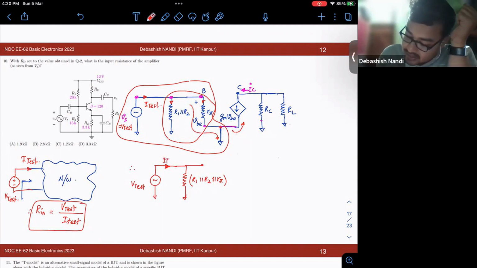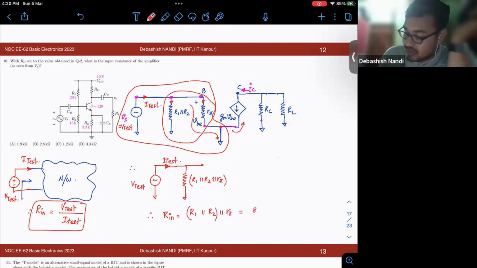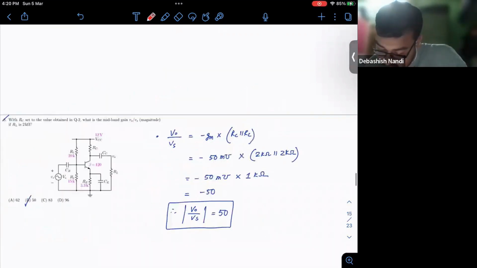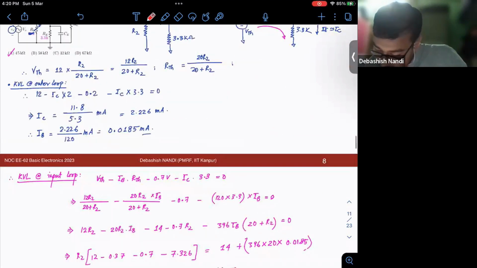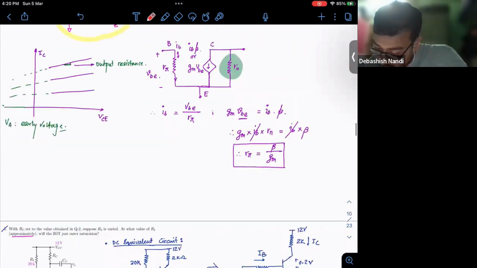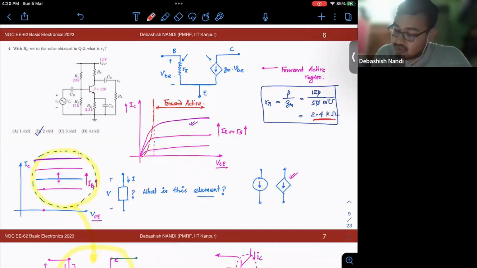So this is your I test. As you can see here, this R in will be nothing but R1 parallel R2 parallel R pi. R1 parallel R2, we know it is 8.5 kilo ohm, and your R pi is nothing but, what was your R pi? Your R pi was 2.4 kilo ohm.